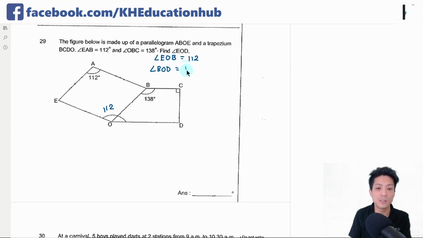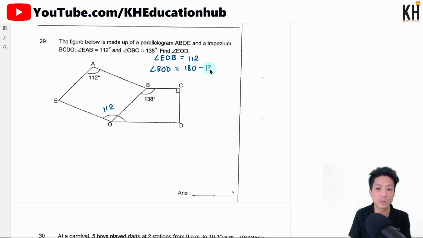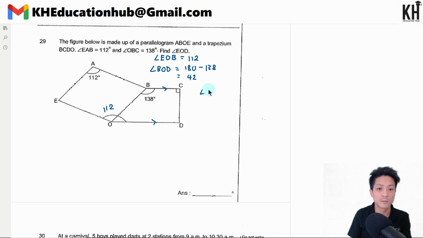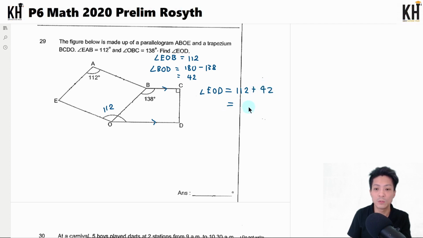Angle BOD is 180 minus 138, because these two are parallel, so these two angles will add up to 180. That gives 42. So to find angle EOD, I just need to use 112 plus 42. 112 plus 42 will give me 154 degrees.